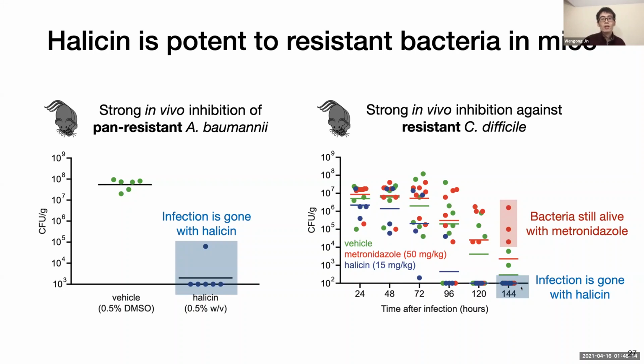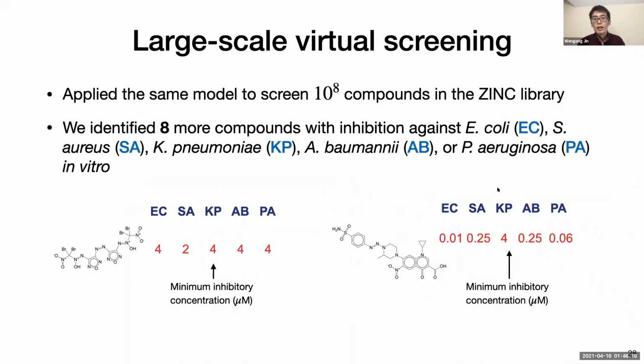Okay, thanks. So we applied this model on just 10,000 compounds in the Broad Drug Repurposing Hub for the sake of speed of experimental validation. But now we can go beyond this set of compounds to 10 to the 8th or even beyond.